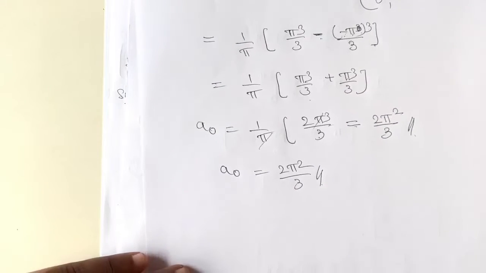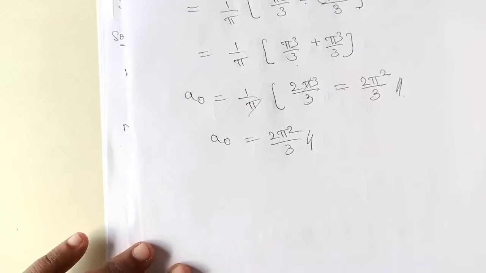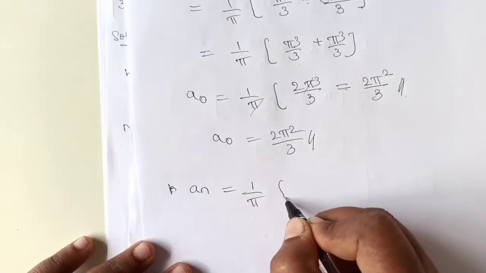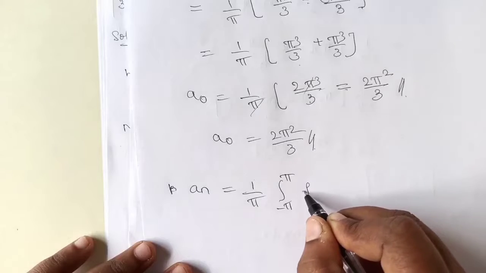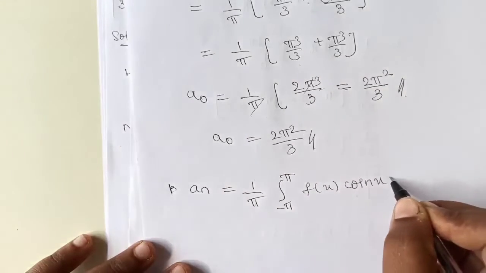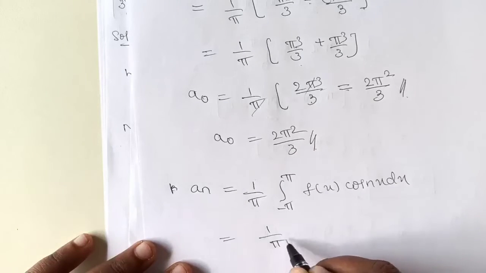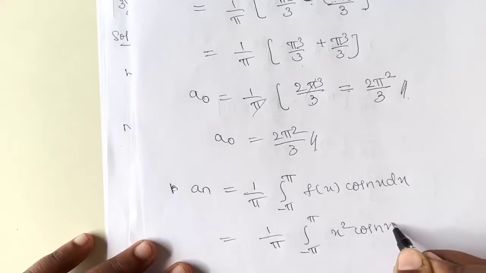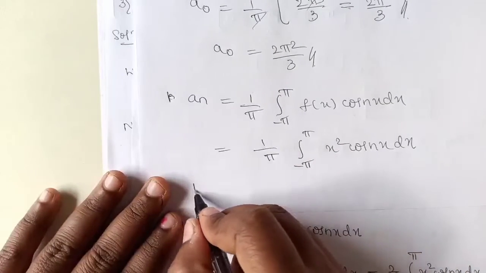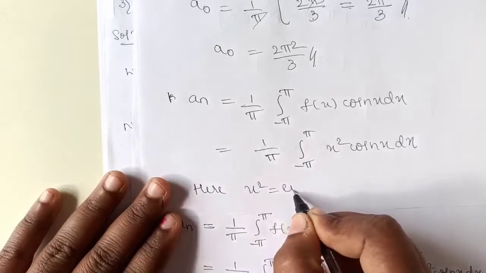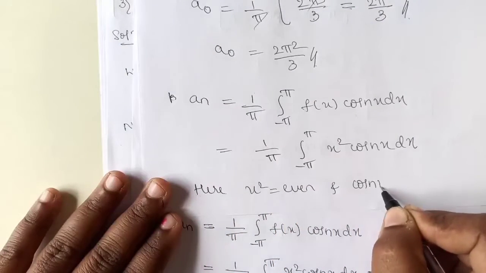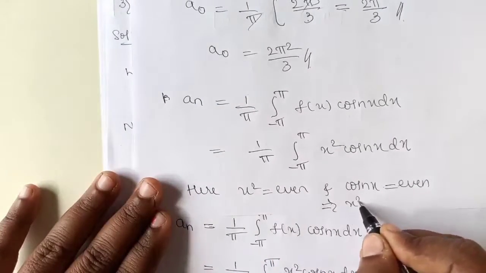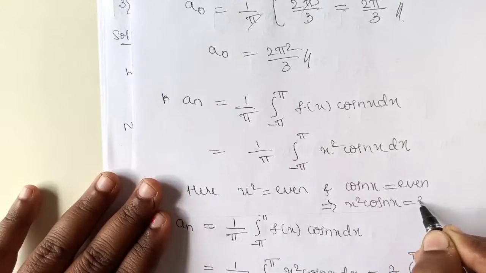Similarly we can calculate an and bn values. For an we consider the formula 1 by pi integration minus pi to pi f of x into cos nx dx, that is 1 by pi integration minus pi to pi x square cos nx dx. You can observe that here x square is an even function and cos nx is also an even function. So even into even you will get even only. Therefore x square cos nx is an even function.